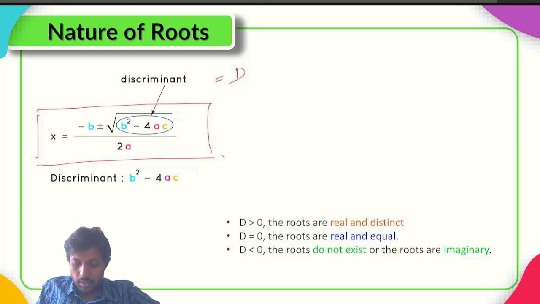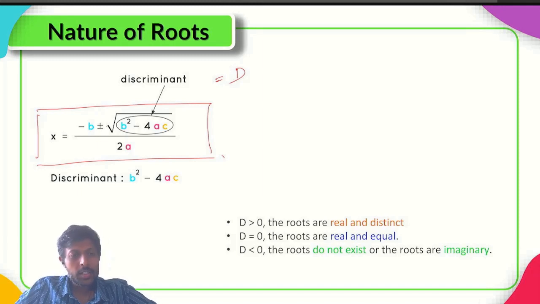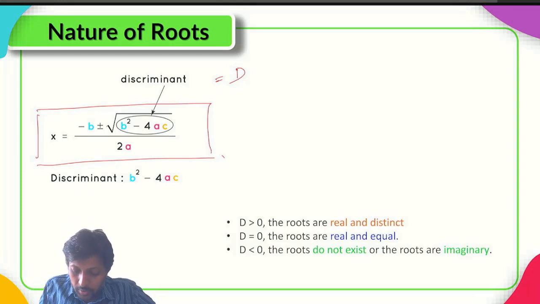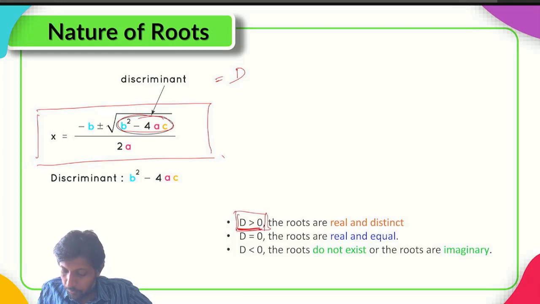Think about this. If the quantity under the square root sign is positive, will you get real numbers as the solution? Yes, of course, we'll get real numbers as the solution. And that is why we say that when this quantity is positive, we get real roots.